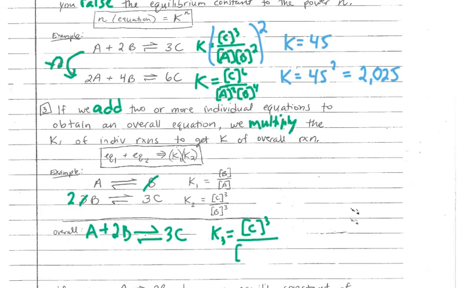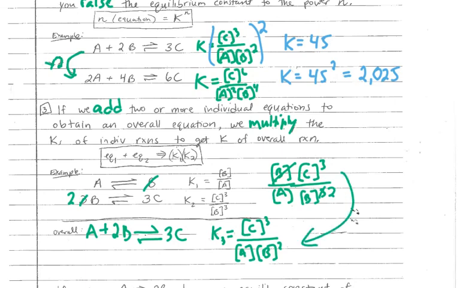And this. Which is the same thing as if we multiply K1 times K2. These cancel out, and we get this expression here.